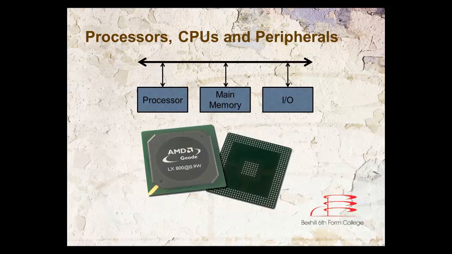These are not the devices themselves, but a means by which the CPU can communicate outside. And the objects outside of the CPU are called peripherals. The important thing to remember there is that the processor is part of the CPU. It's part of the von Neumann model. It is not the CPU in itself.